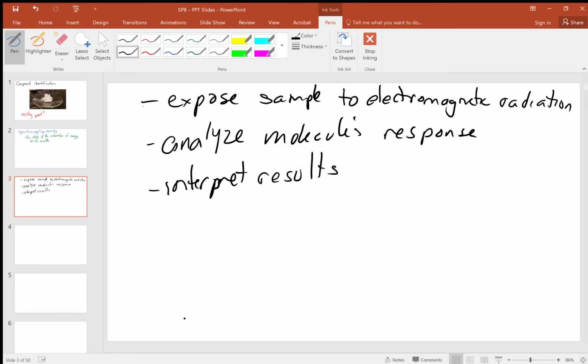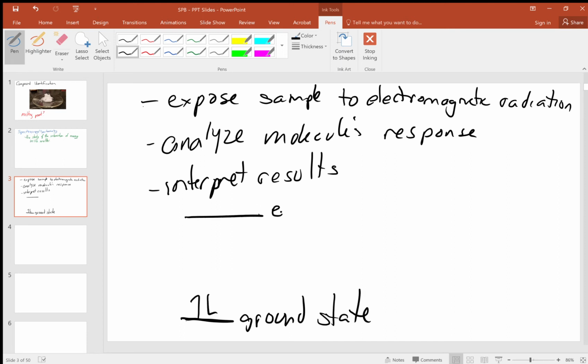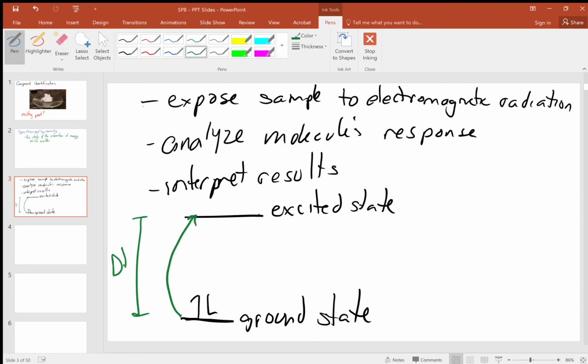But what happens is in many of these techniques, we start with our electrons here in the ground state. And if you hit these samples with the exact amount of energy, this delta E, those electrons can move up to the excited state.